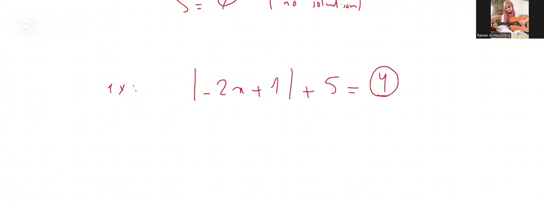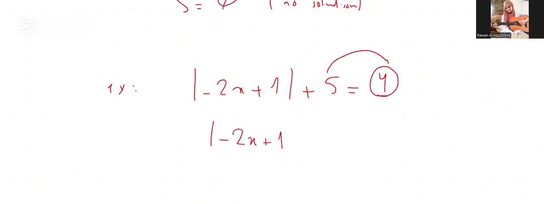I will give you another example. Supposedly we have the absolute value of minus 2x plus 1 plus 5 equal to 4. We need to be careful: just because there is a positive number here, we need to remove everything beside the absolute value, then we decide which case to use. So now I want to take the plus 5 after the equal.